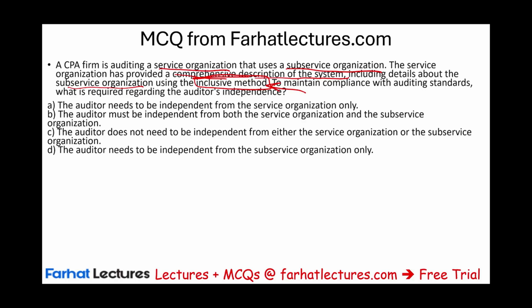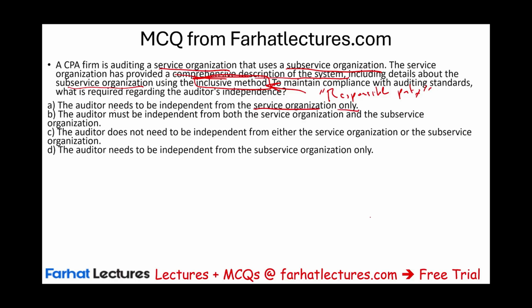Once we are using the inclusive method, it means the subservice organization becomes, I'm going to put it in quotes, a responsible party. Responsible party means they hired the auditor themselves. And when you hire the auditor, you have to be independent. Well, let's see. The auditor needs to be independent from the service organization only.